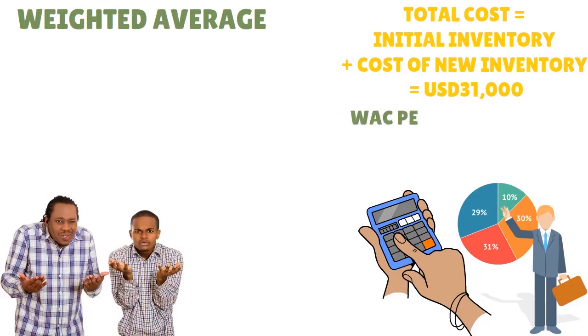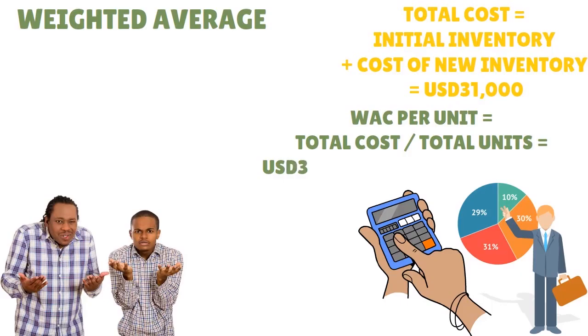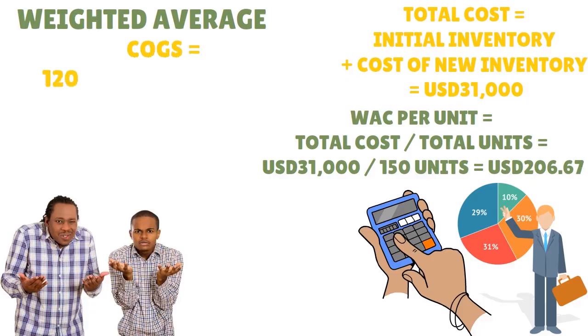So the weighted average cost per unit, you take the total cost divided by the total units. So you're looking at 31,000 divided by 150 units, and that equals $206.67. So with weighted average cost calculated, we can then proceed to determine cost of goods sold and ending inventory.